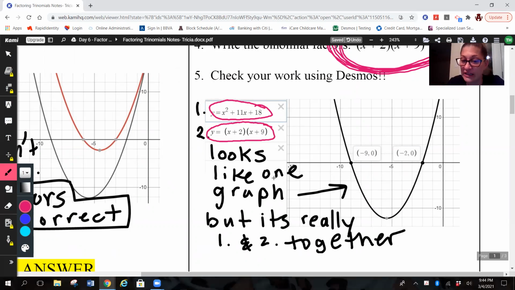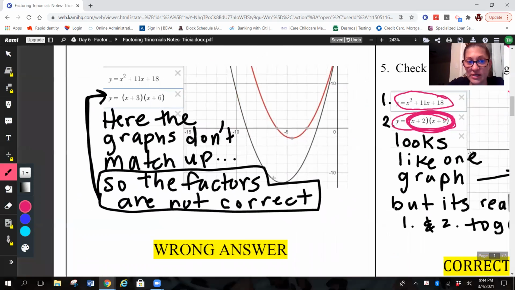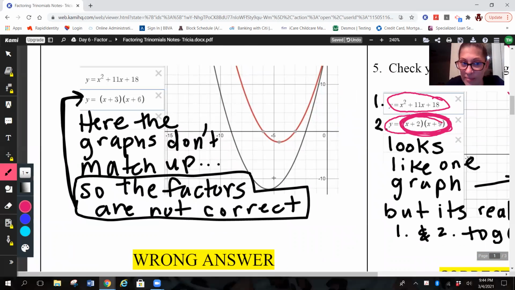On the graph, it looks like there's only one graph, but it's really number 1 and number 2 matching up. When they match up, you know you have factored it correctly. On over this side, when they don't match up, that means the 2 factors that we got here don't match up. So their graphs won't match up if those 2 are not factors of each other.